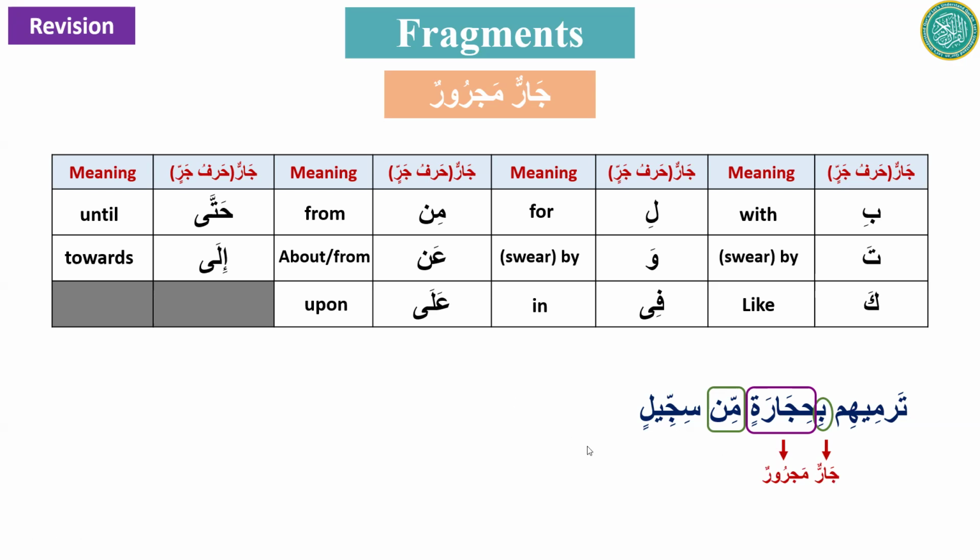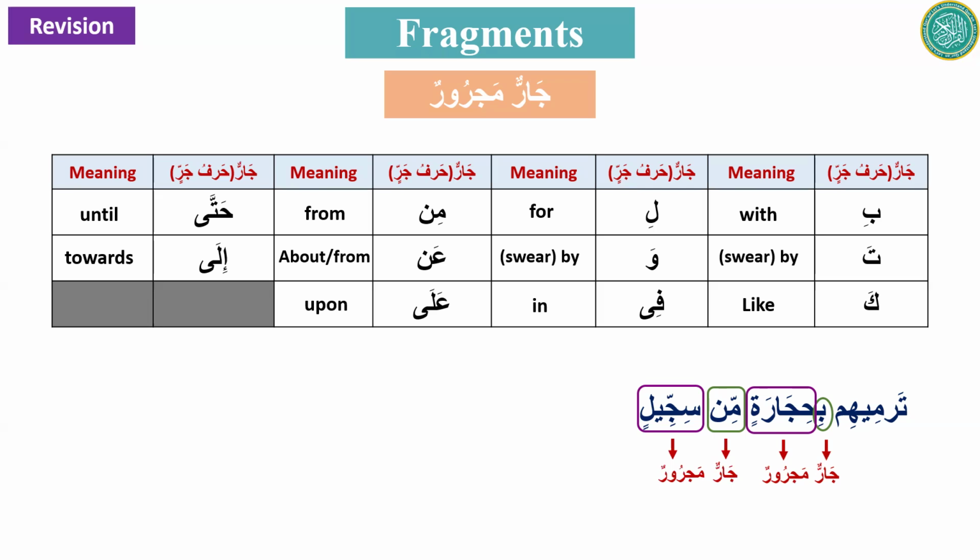It's in jar. Sijilun, sijilan, sijilin. Sijilin is in jar. So what is min sijilin? Jar majroor. Whenever you see a harf jar and then there is a noun after it, that noun has to be in jar status, and the resulting fragment is called jar majroor.